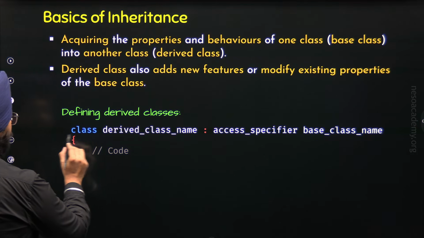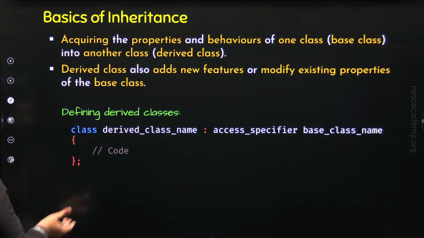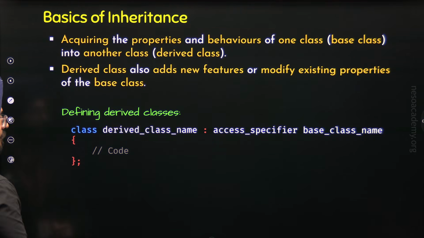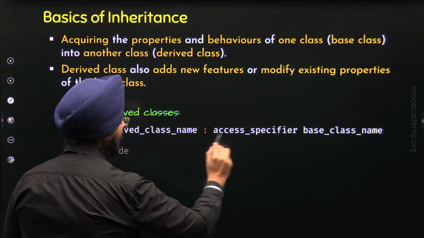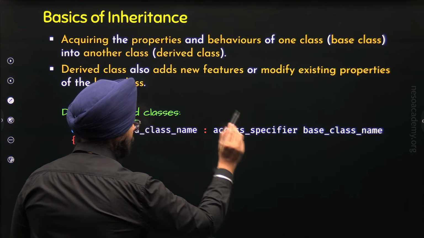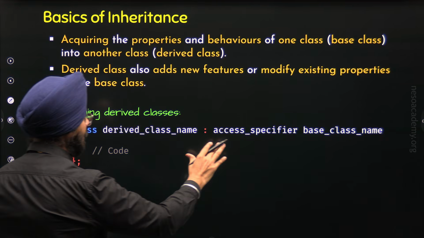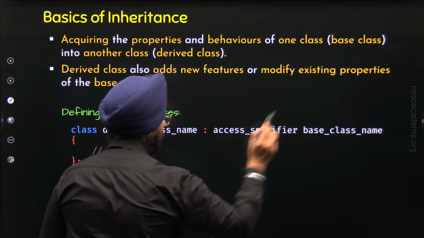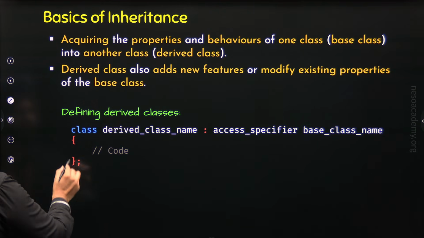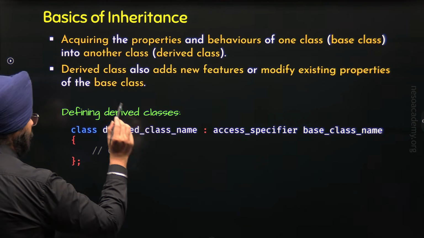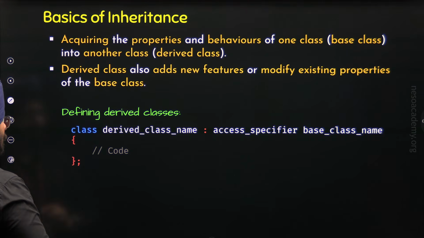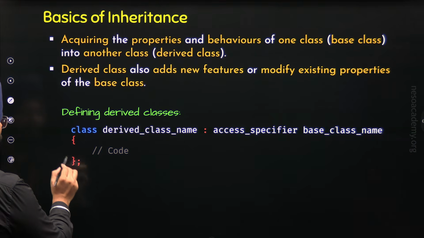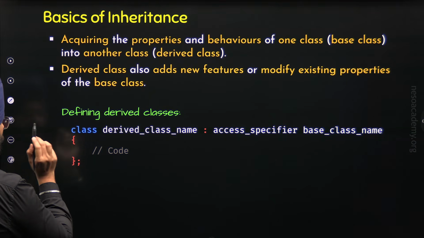We need to provide the class keyword just like any other class, then the name of the derived class, after this colon, and then the access specifier. Access specifier tells what type of inheritance we are performing, and then comes the base class name. After this, within braces, we can provide the code for the derived class. And then just like any other class, we need to put semicolon at the end of the closing brace.